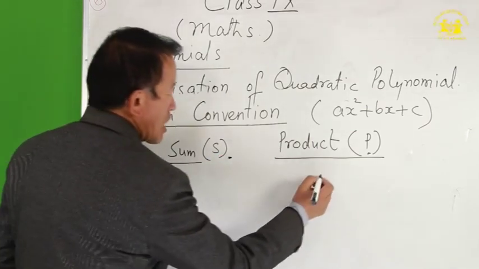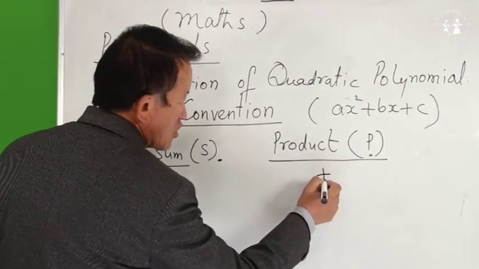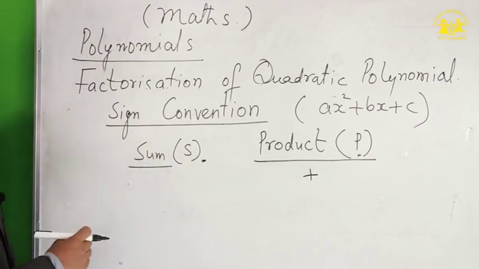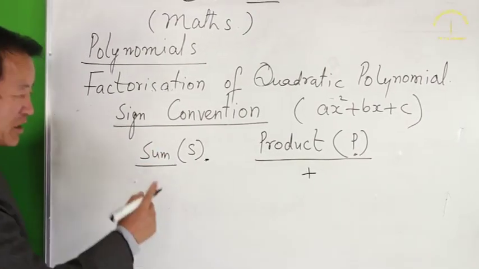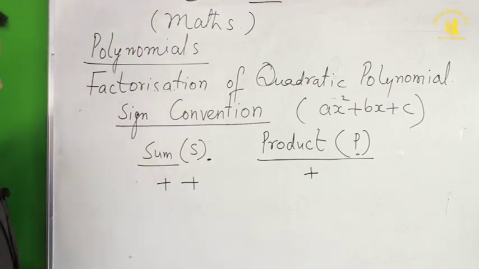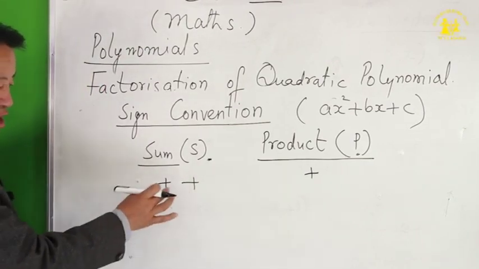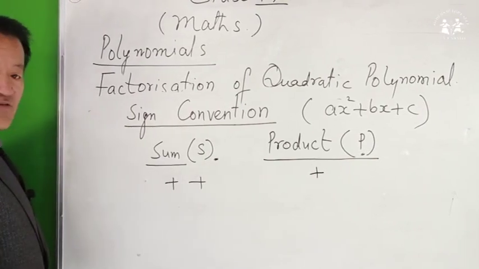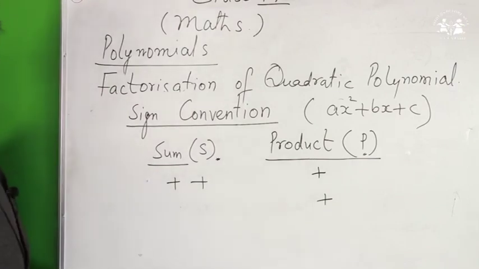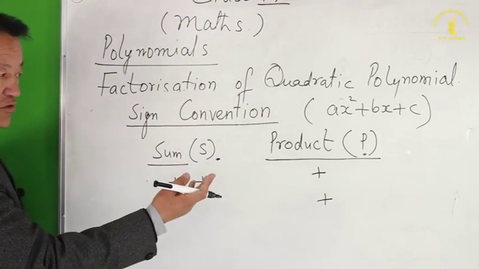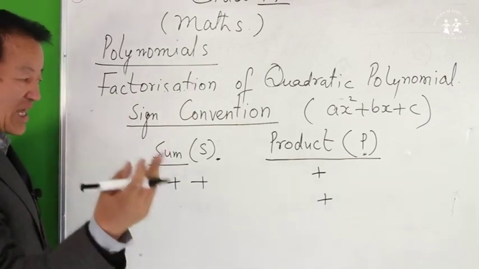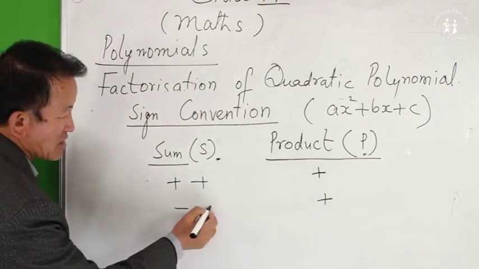Now, if the product of the two numbers is positive, then either both the numbers will be positive. So I have written plus plus, which means both the numbers will have positive sign. Or if the product is positive, both of them may be negative. So I shall write minus minus.